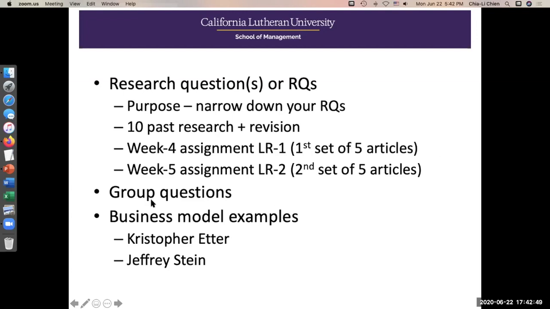Oh, sorry Logan, I forgot to put you in. Logan, hold on, I'm going to have to put you into the right group. Logan is in 2, okay. Chris is in 2 as well.